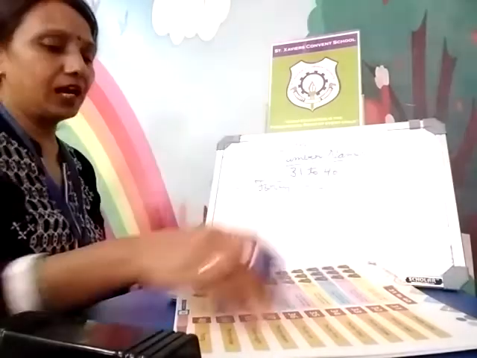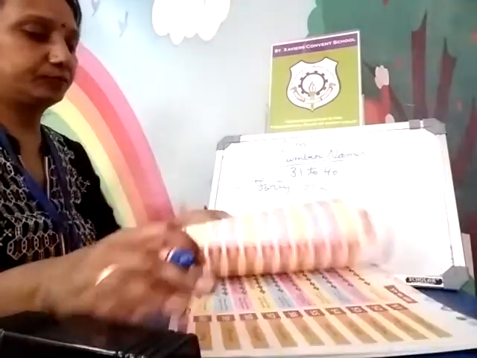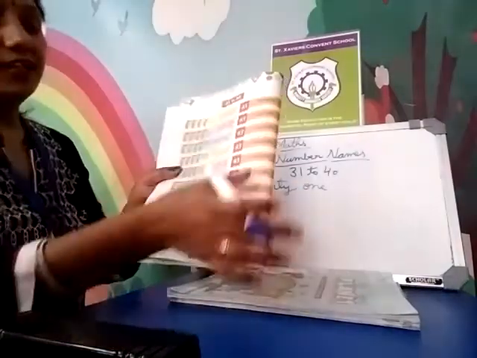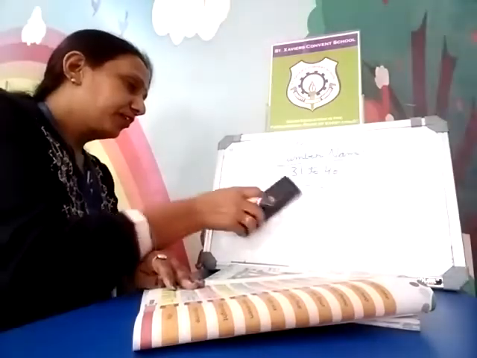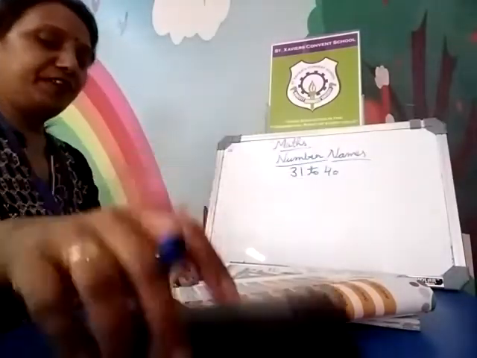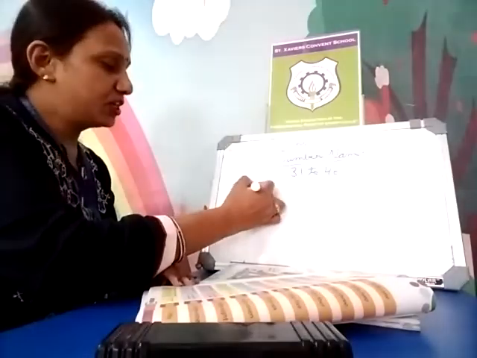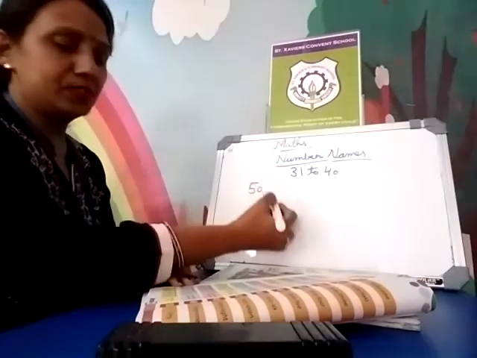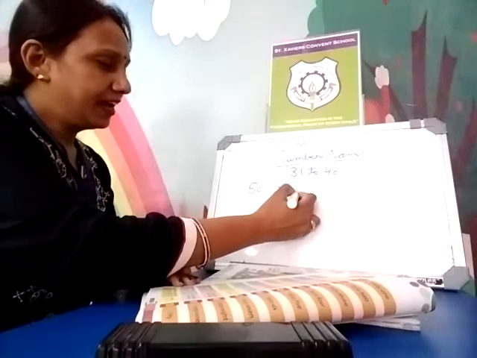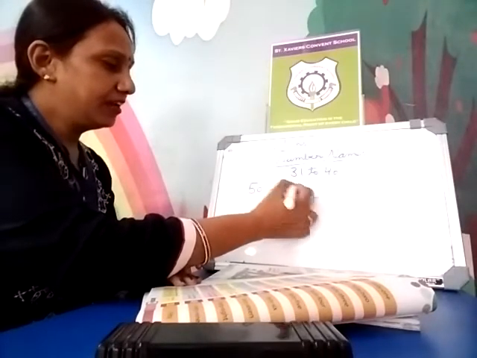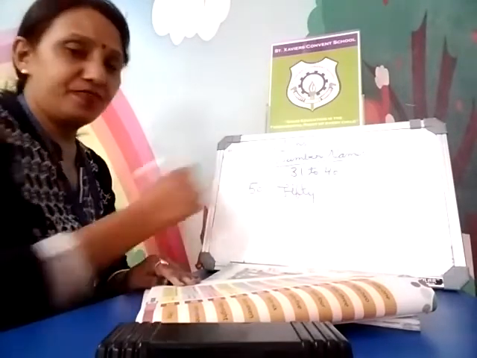And what comes after 49? On page number 36 you see, what comes after 49? 50. And the spelling of 50 is FIFTY, 50.